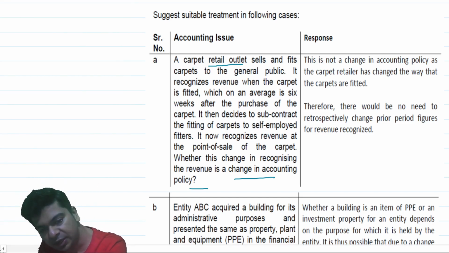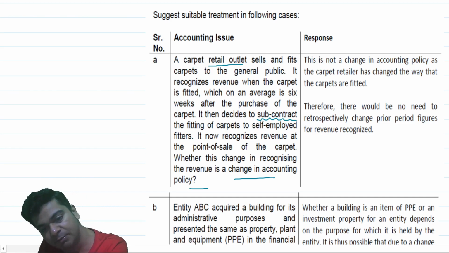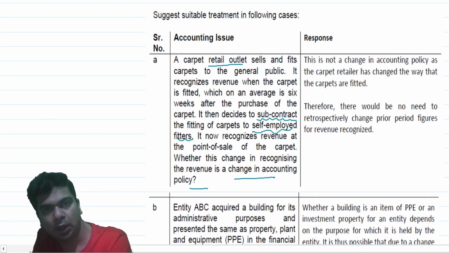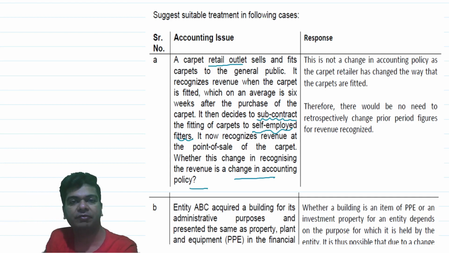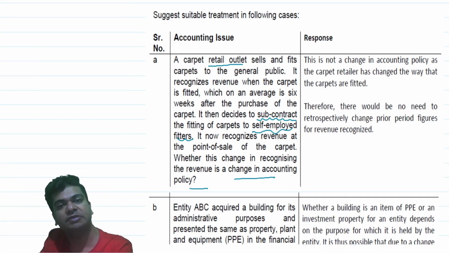But now what they have done is they have started employing certain contractors, right? So we are having certain self-employed fitters. You have started employing them and you are giving the contract of fitting the carpets to them. Hence now the moment the carpet is sold, you start recognizing the revenue. You get my point? Earlier you were selling as well as fitting.